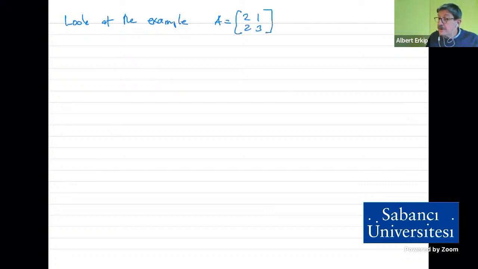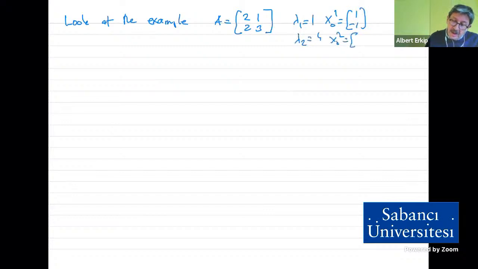Was it the case? Yes. And lambda 1 was 1, x0,1 was 1, minus 1, lambda 2 was 4, x0,2 was 1, 2. And m was, what was m? We computed m. M was 1 minus 1, 1, 2.